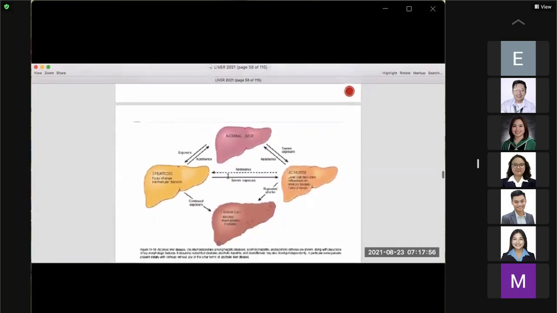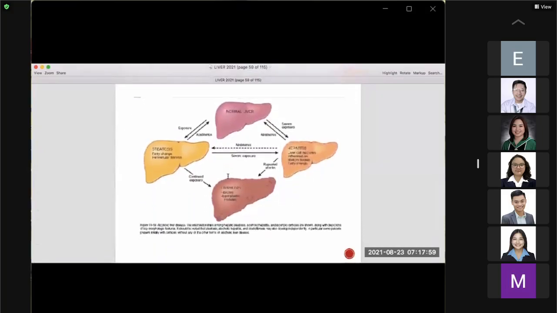Okay, so this is a diagram that shows us the fate of those who are having chronic alcoholism. To begin with, normal liver with an intake of alcohol, the patient can go to having fatty change or hepatitis, reversible. So with fatty change, you moderate the alcohol intake or stop it. Same thing with hepatitis. They can revert back to the normal liver.